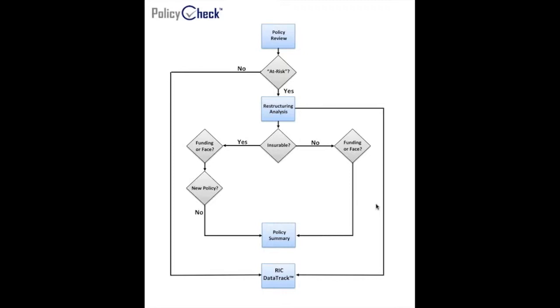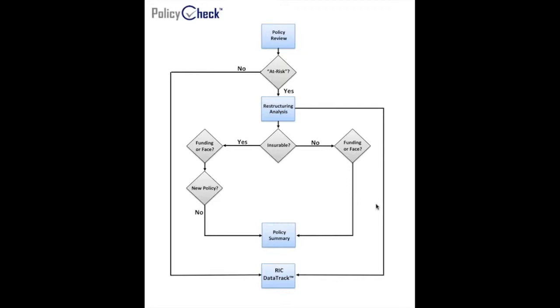Going to the left, let's say that the trustee indicates that yes, this client is most likely insurable and could endure an underwriting process. Then the same question occurs. Now, if they're uninsurable, they only have two choices to get the policy in an adequately funded state.